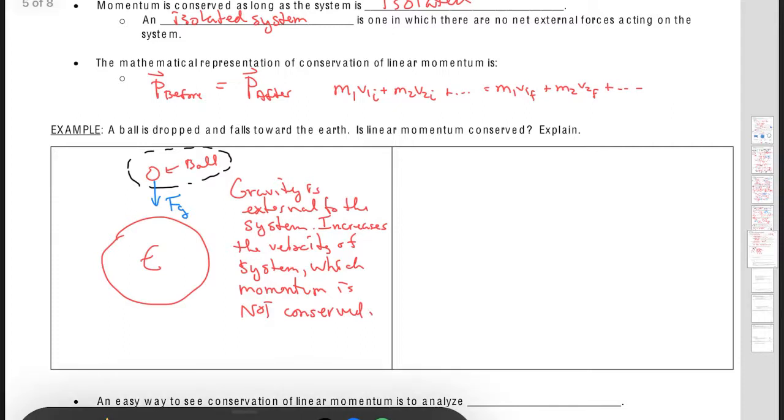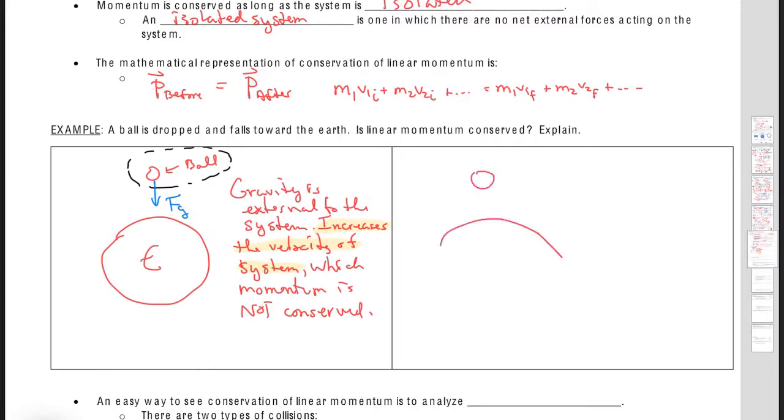The important idea is that gravity is external to the system and increases the velocity of the ball, causing the momentum to not be conserved. You can do a quick calculation with m times v: your initial momentum would be 0, and you can easily see it's going to increase the velocity.